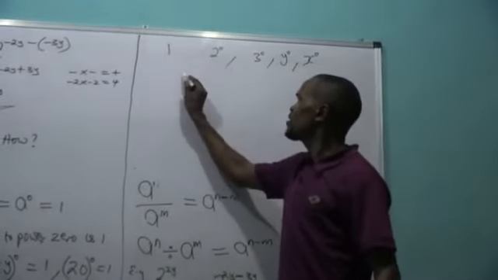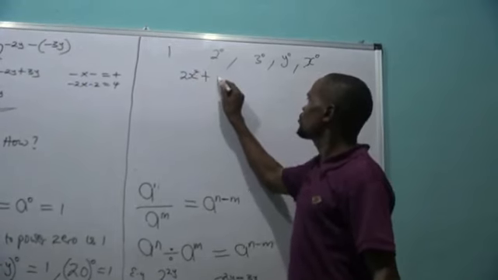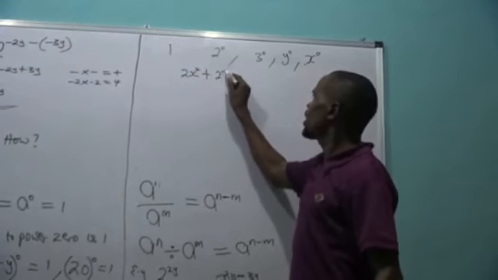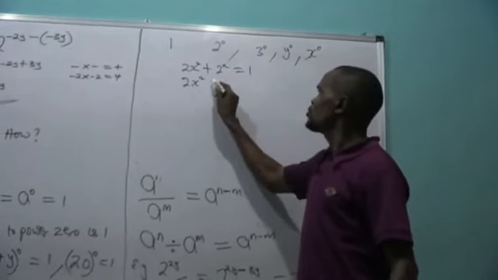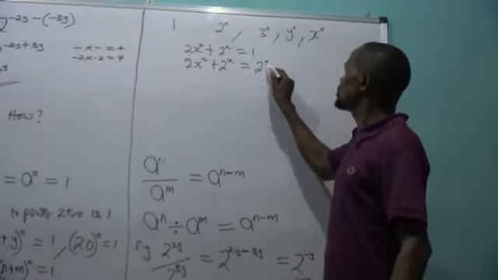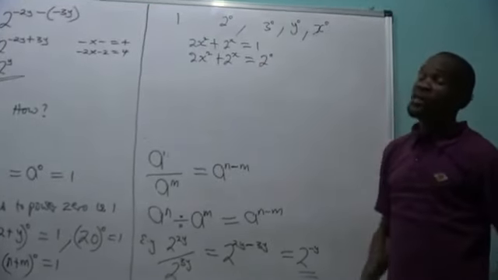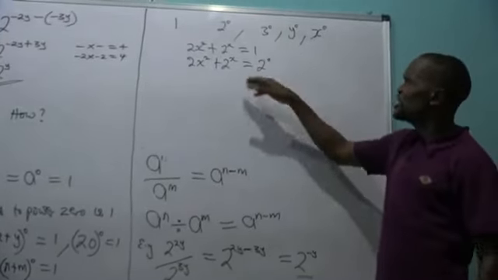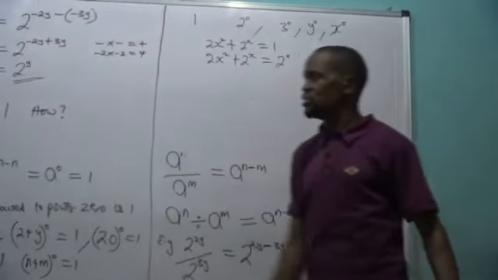For instance, if I have now 2x squared plus 2 raised to power x equals to 1, I can simply write it 2x raised to power 2 plus 2 raised to power x equals to 2 raised to power 0. I've removed this 1, put 2 raised to power 0. And by doing so, I have not changed anything here, but I use application of the indices law of division.